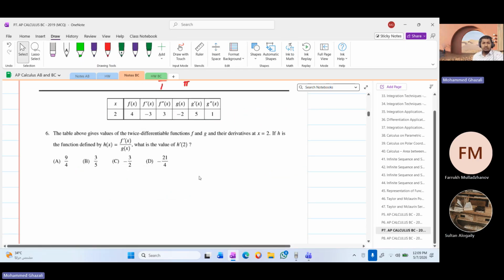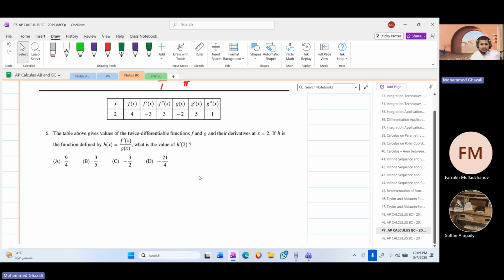Let's look at the next one. The table above gives the values of twice differentiable functions f and g and their derivatives evaluated at x equal to 2. If h is the function defined by this, what is h prime 2? First, we need to find h prime x. What will we use?